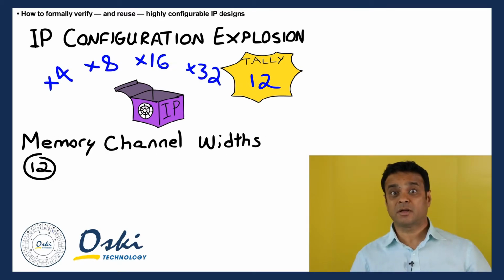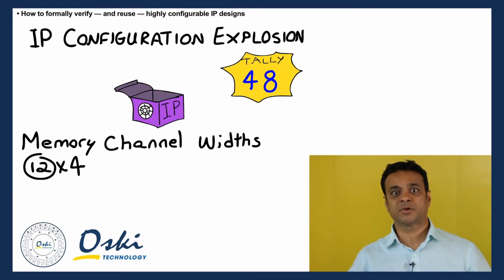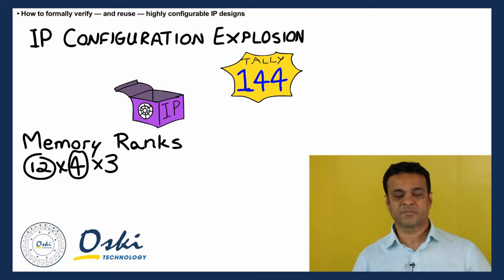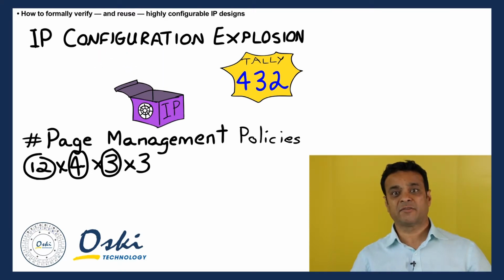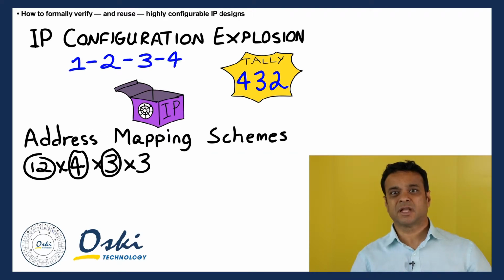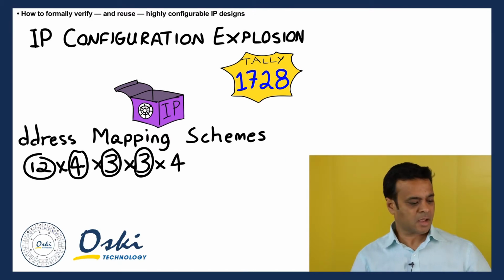I may support different channel widths, times 4, times 8, times 16, times 32, 4 different choices. I may support different number of memory ranks, 1, 2, 4, let's say 3 different choices. Different page management policies, I have 3 different choices there. Different address mapping schemes, let's say I have 4 different choices.